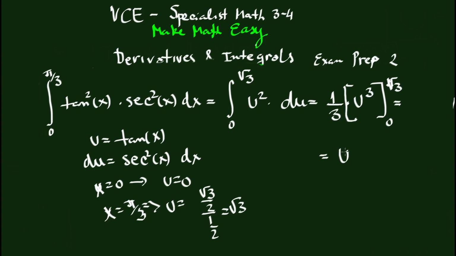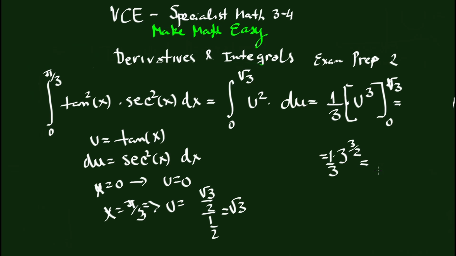Square root of 3 is 3 on 1/2, so that's 3 on 1/2 on 3, which is 3 on 3/2.